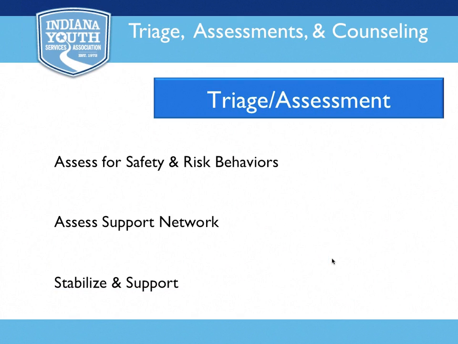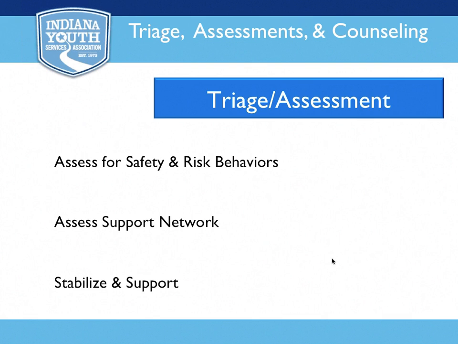All right. The next component in helping young people with the challenges faced if they are GLBTQ is this triage, assessment, and counseling. When we are triaging, this is a medical term, it's just trying to figure out what's going on.